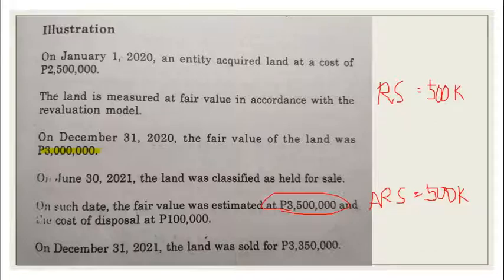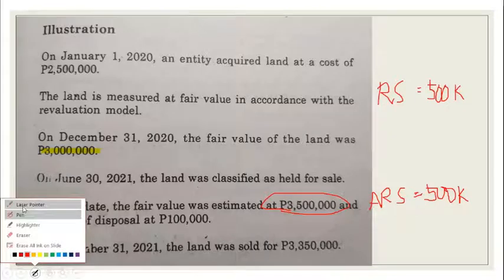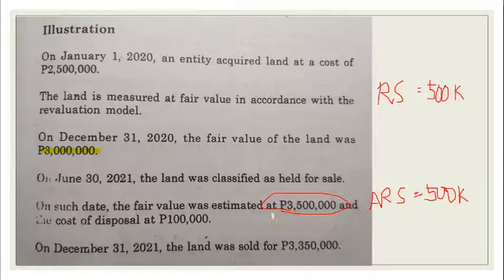Now you already have your land valued at 3.5. Next is the transfer from your PPE to your held for sale. So you make an entry: debit land held for sale, credit land, at the amount of 3.5. The amount you use when you transfer the land from PPE to held for sale is the revalued amount, which is 3.5 million.